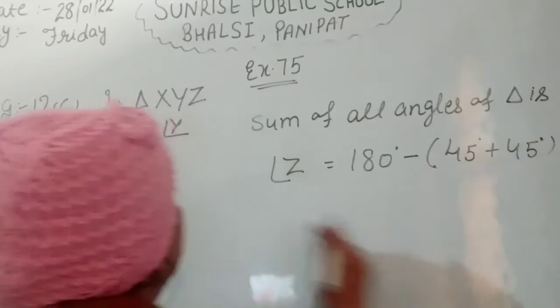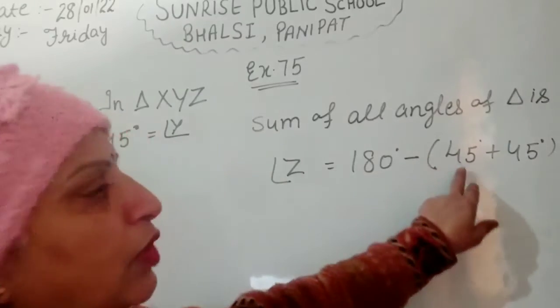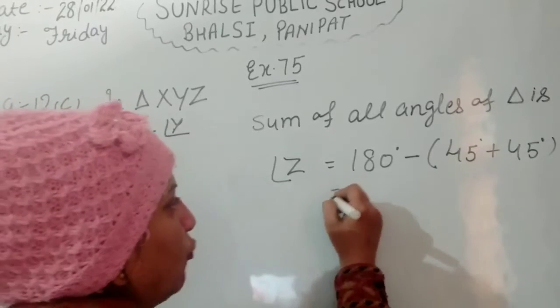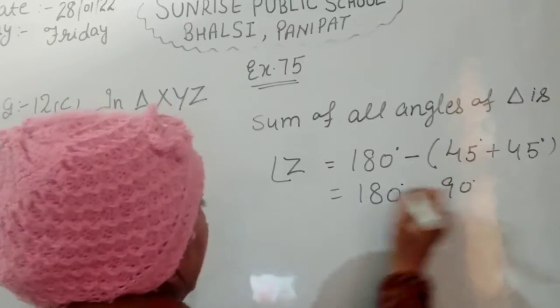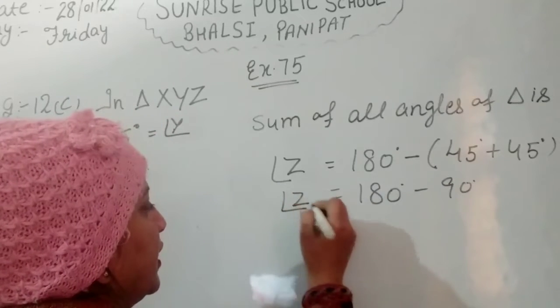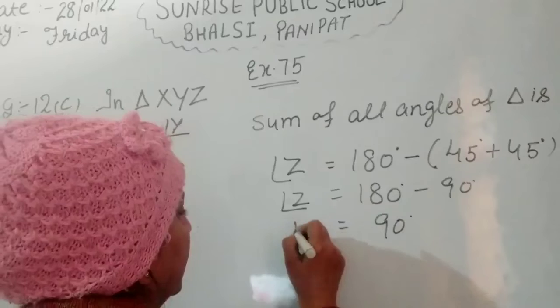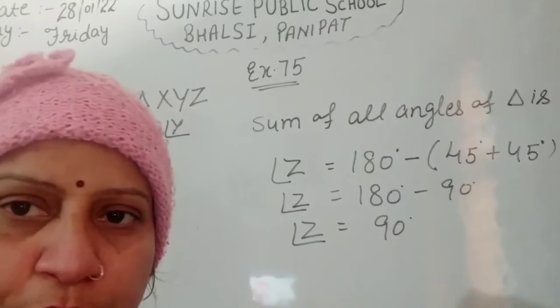Because both angles are equal to 45 degrees, I write 45 two times. Now after adding 45 and 45, we get 90. And when we subtract 90 from 180, we get angle Z measurement is 90 degrees.